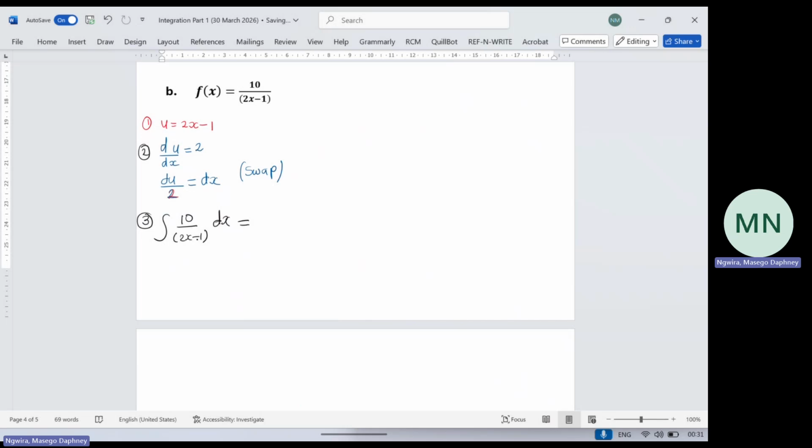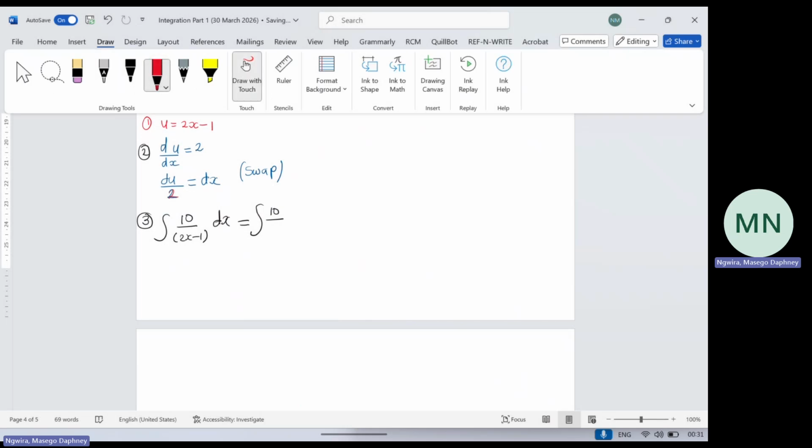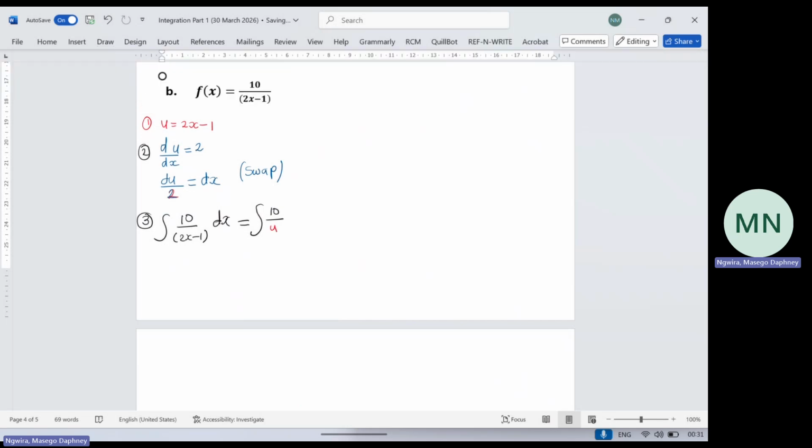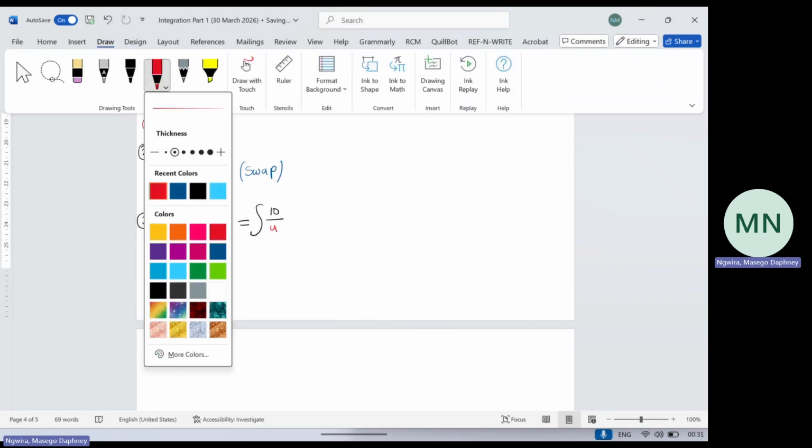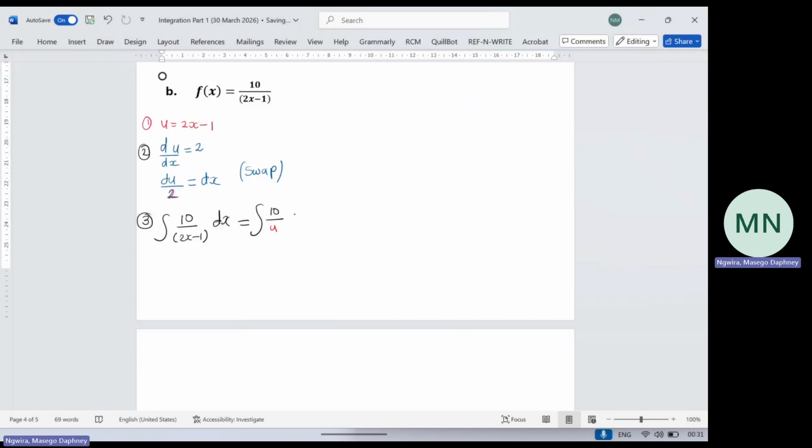Remember, we said that 2x minus 1 is u, so I'm just going to say this is 10 over u, and then we said that dx is du over 2, so we're just going to say that. And then this is times, let me just put a bracket, du over 2, okay, and then that's it.